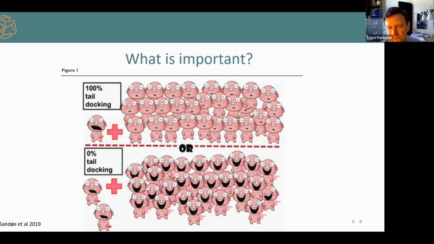In the first one, all pigs are tail-docked, and in that farm, there's only one pig that is being tail bitten. In the second farm, no pig is tail docked, but 2 pigs are tail bitten.